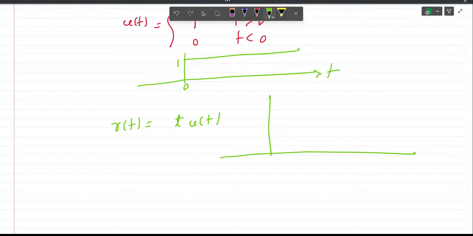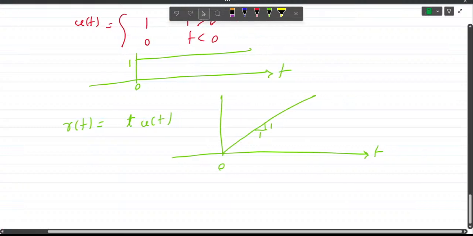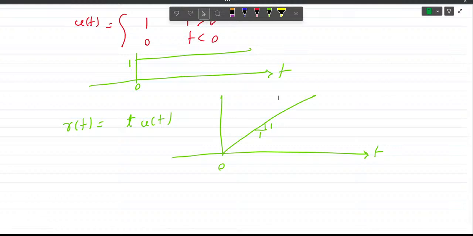The slope is 1, so we represent slope 1 like this. Okay, we'll cover one by one.